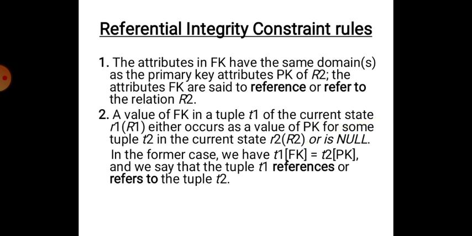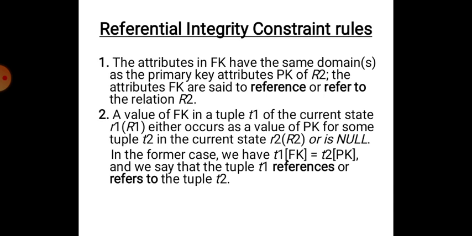Referential integrity constraint rules. The attributes in FK, that is the foreign key, have the same domains as the primary key attributes PK of R2. The attributes FK are said to reference or refer to the relation R2.